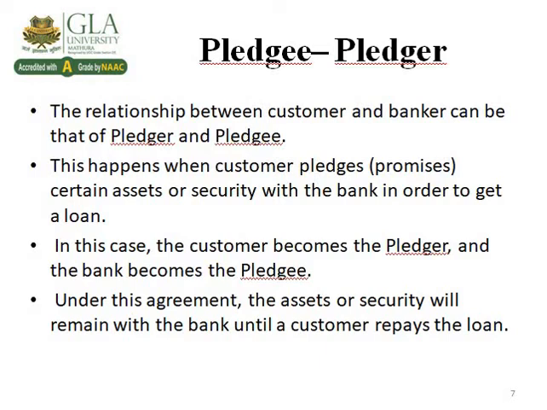In that case, because he or she is pledging the security, the customer will be the pledger, and the party to whom the goods or securities have been transferred as bailment, as the security, will become the pledgee. The customer is the pledger because he or she owns the property, and the one to whom it is transferred is the pledgee. So the bank will be pledgee in every case, right? So this is pledgee and pledger.